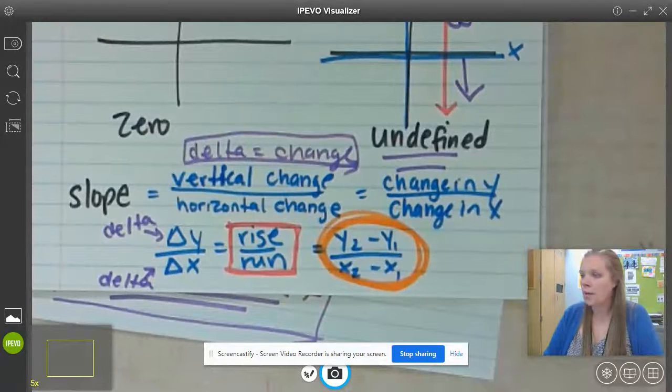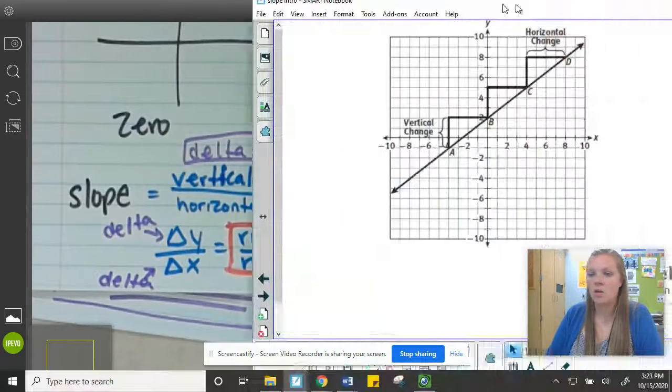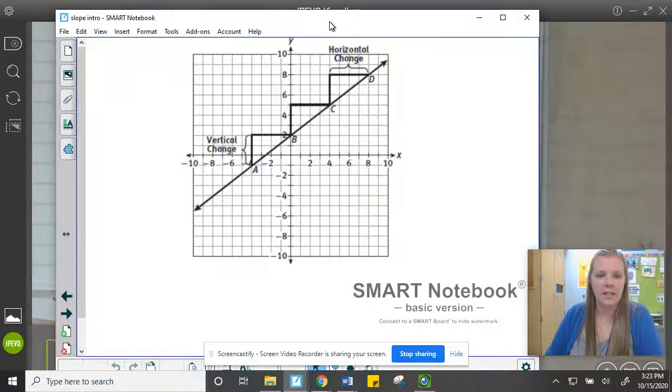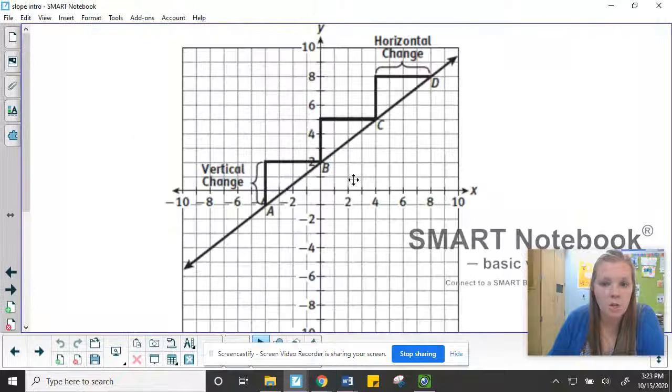Let's look quickly at how, if you are given a graph like this, you find what the vertical change and horizontal change are. To do this, you have to start by finding points on the line.